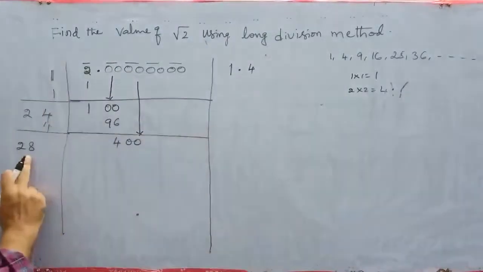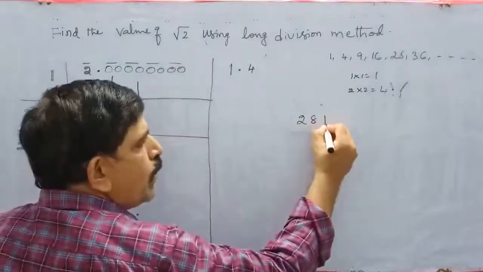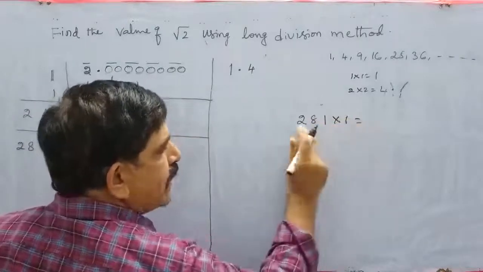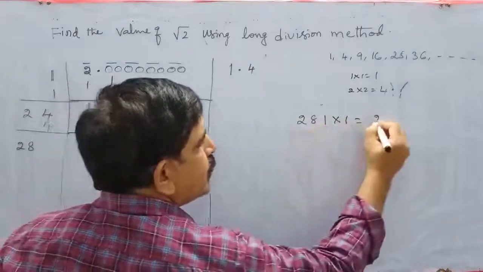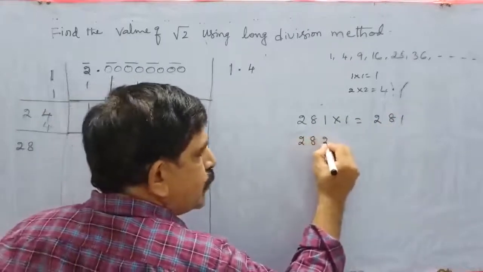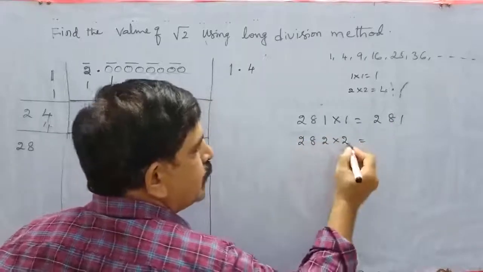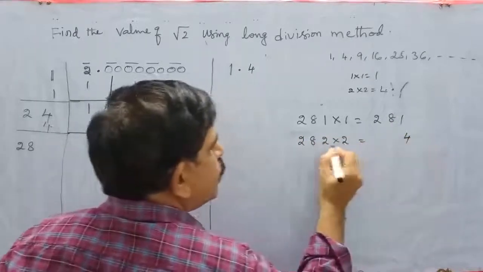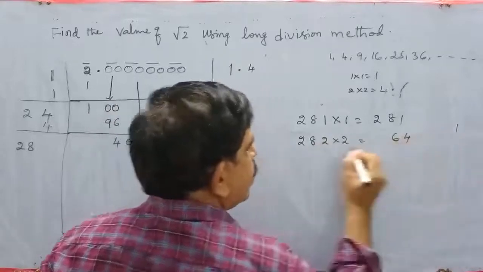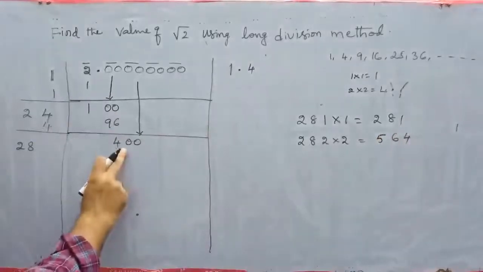Here we have 28. Now 1 into 1. That is 281 into 1 is 281. Next 28, 2 into 2. That is 282 into 2. 2 2s are 4, 2 8s are 16, 2 2s are 4 plus 1, 5. 400 here.